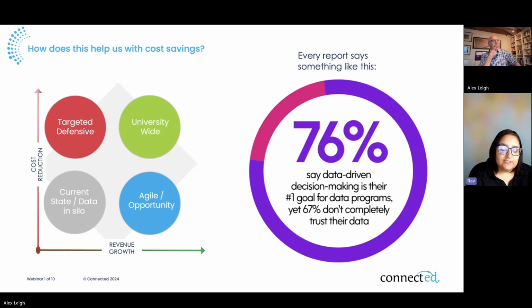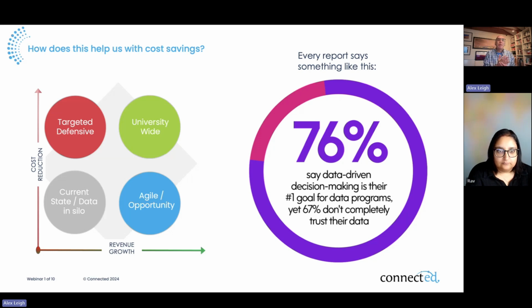But for those institutions where things are much more restrictive in terms of budgeting, in terms of the availability of capacity, etc., it might be that one of the quadrants there in that graph on the left would be more appropriate. But by no means are we saying that your ultimate goal, your ultimate objective shouldn't be to move to the university-wide quadrant, because ultimately that is where most benefit will be seen out of a data governance capability. Yeah, and one of the things that's going to do is pull the data out of silo, and we always talk about data in silo.